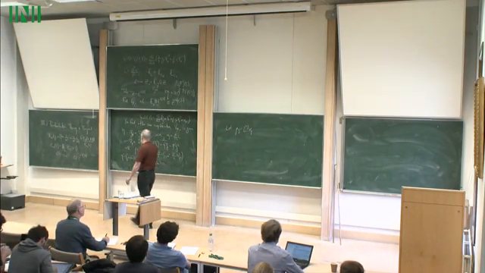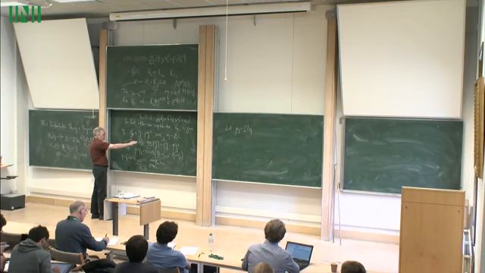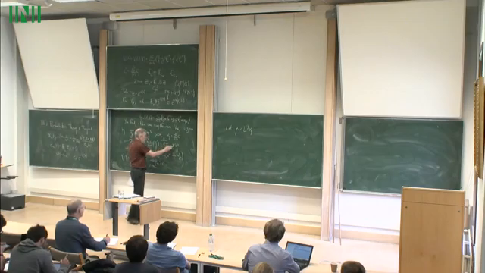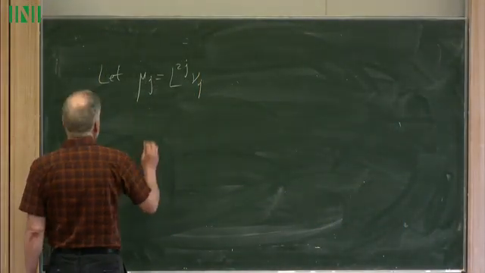So then we want to just multiply this equation here by L to the 2 times j plus 1, and that will get rid of these exponentially decaying coefficients.